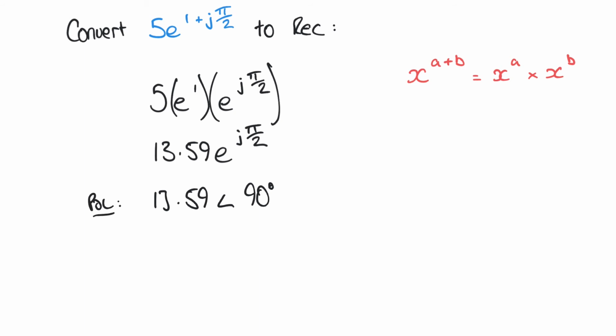Similarly, using the same expansion as previously, r cos theta plus j sine theta, we can find our value in rectangular form. The cos term evaluates to 0, so we have 0 plus j 13.59, or we can lose that 0 term altogether.